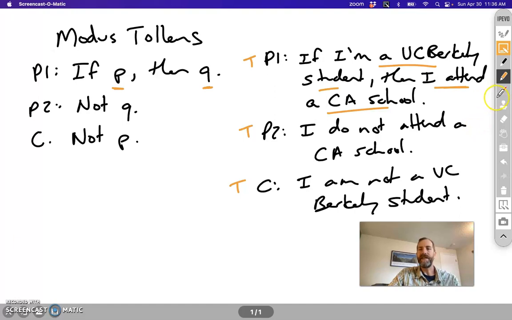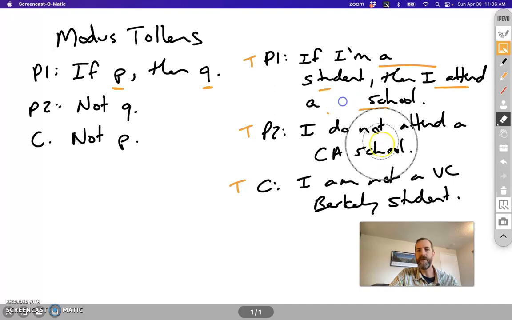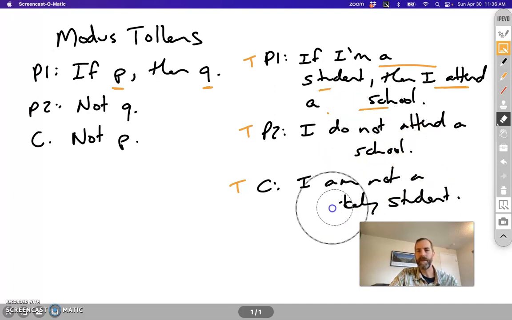So let's change this a little bit to see what happens. Let's change this to Clark College student and a Washington school. So if I'm a Clark College student, then I attend a Washington school.